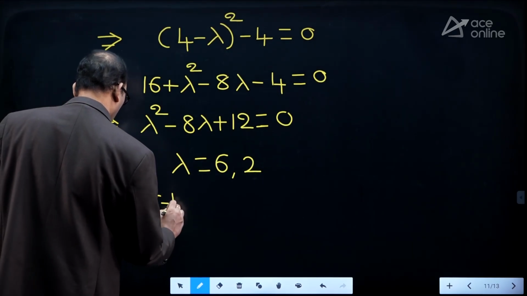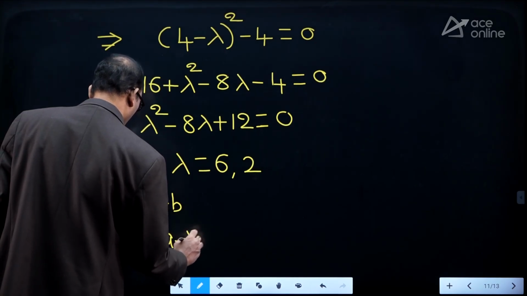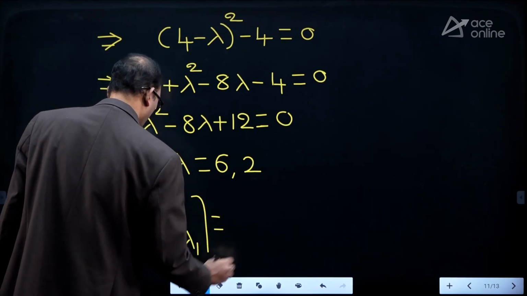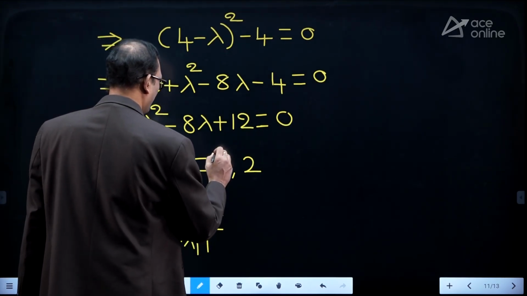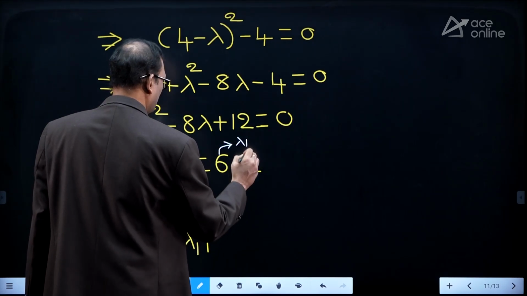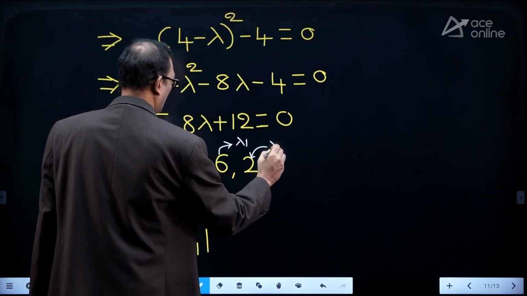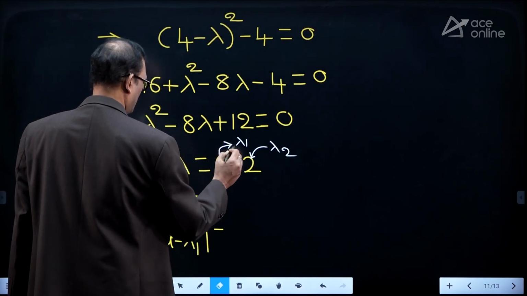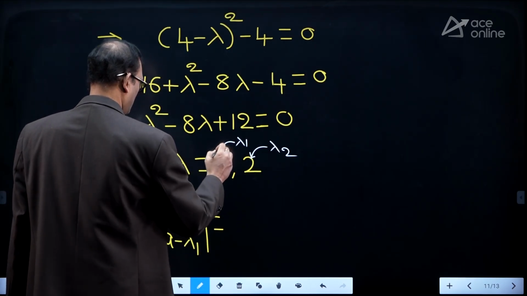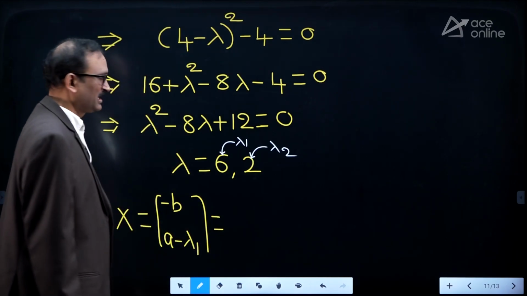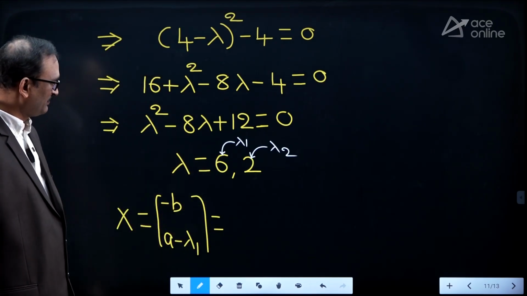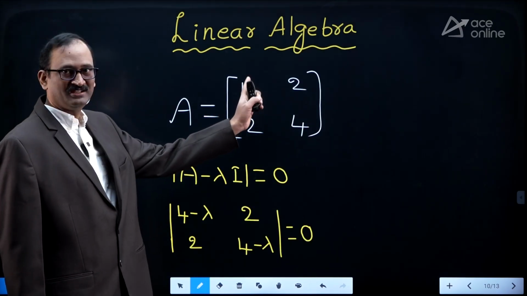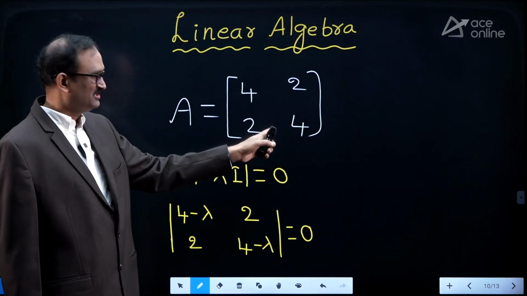First eigenvector: minus b, a minus lambda 1. This eigenvalue let it be lambda 1, this eigenvalue lambda 2. This is a, this is b, this is c, this is d.